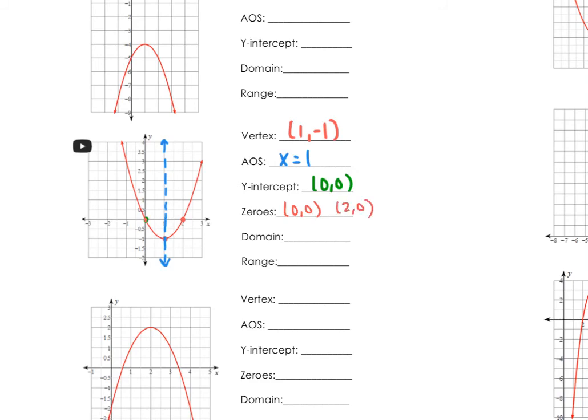The domain for any parabola, remember, is all real numbers, or you can say negative infinity to positive infinity. And then for the range, we ask ourselves, how low does the parabola go? The lowest point is -1, or you can look at the y-coordinate of the vertex. So the range goes from -1, and then it continues on forever upward. So it's -1 to infinity.